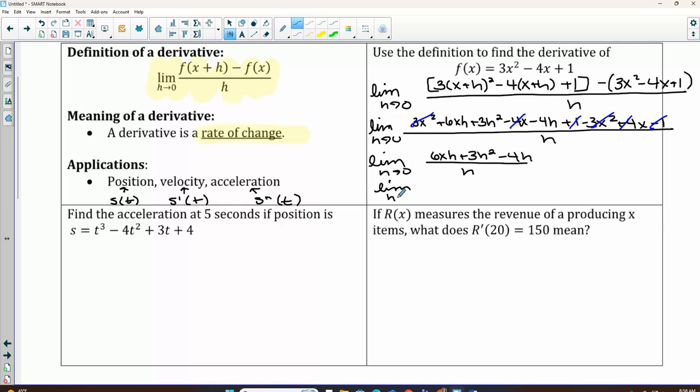So if we take an h out of everything, that gives us 6x plus 3h minus 4. Now you plug in a 0 for your h, so that's the point when you actually drop it. Drop that limit symbol. And so we just get 6x minus 4.